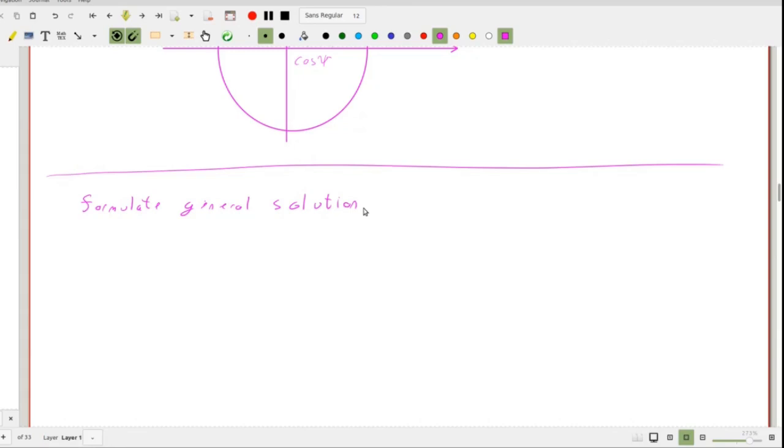Okay, so let's solve the equation of motion in a more analytical method using a theory of differential equations. Right? So let's solve our equation of motion in a more analytical manner.